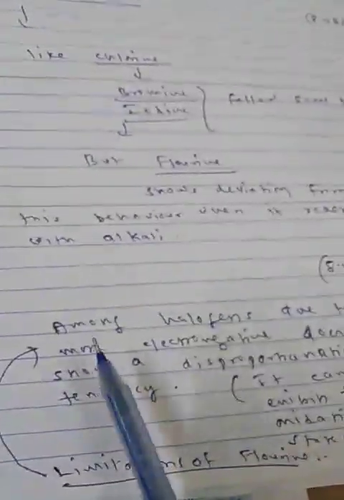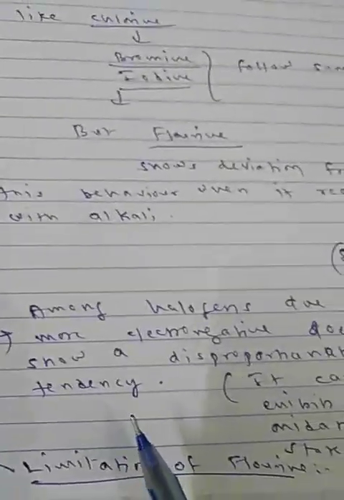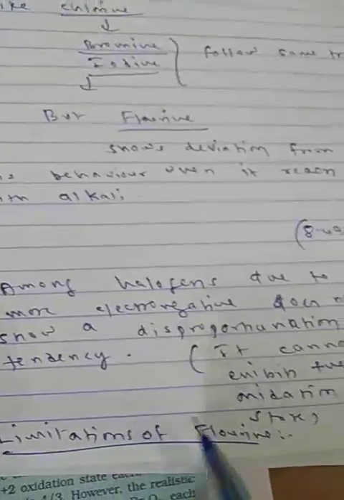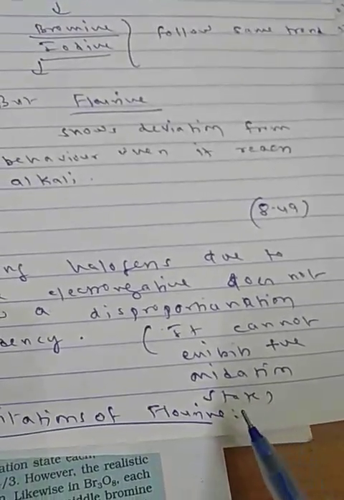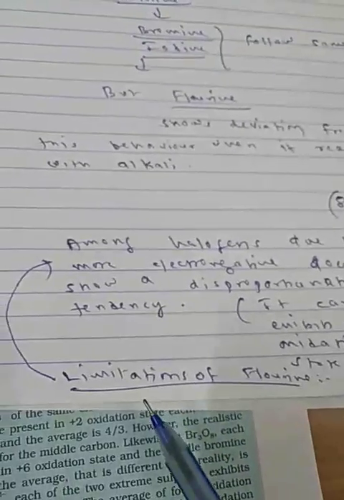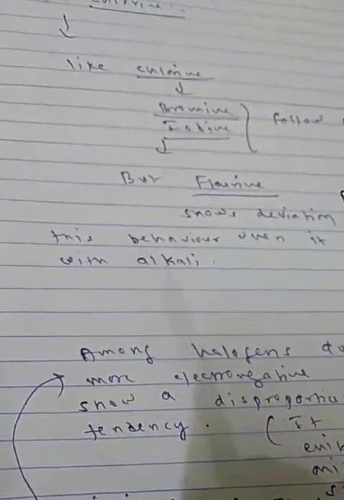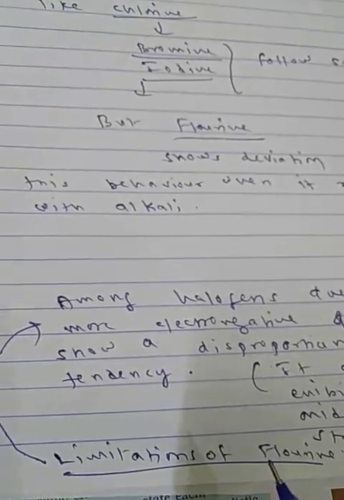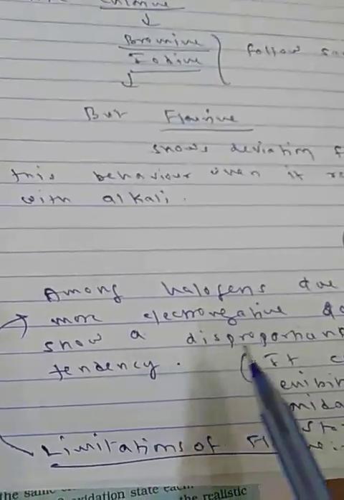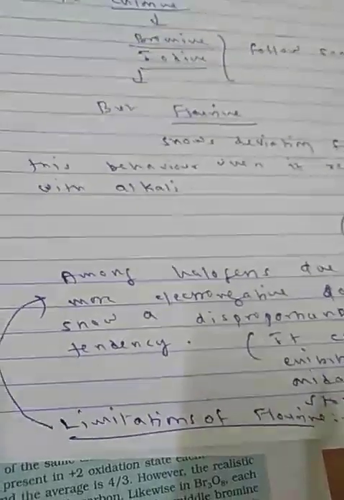So it is to be noted that among halogens, fluorine, being more electronegative, does not show a disproportionation tendency; it cannot exhibit positive oxidation states. This is the limitation of fluorine, why fluorine doesn't behave like chlorine, bromine and iodine. Due to high electronegativity, it doesn't show electropositive nature.